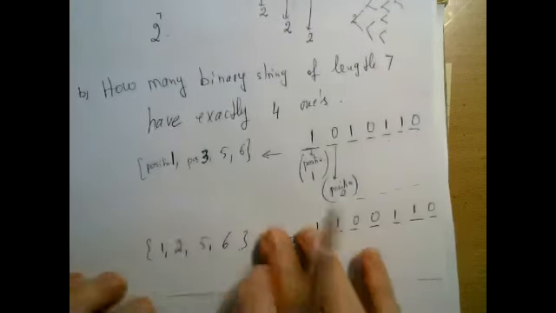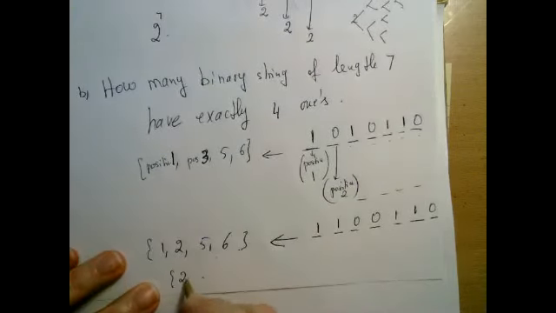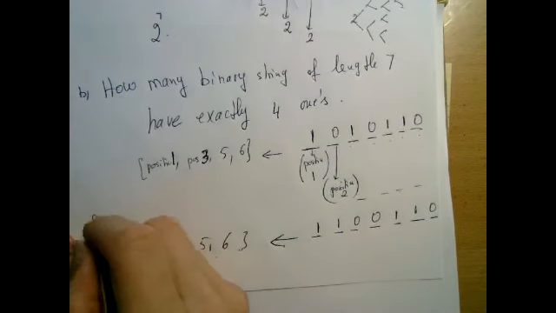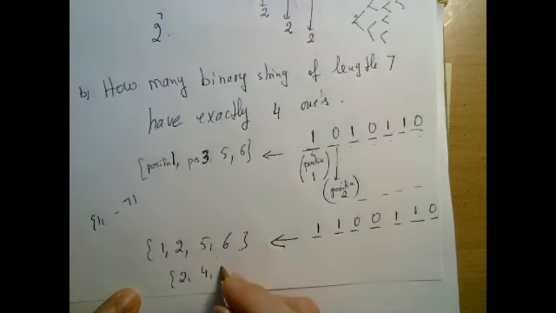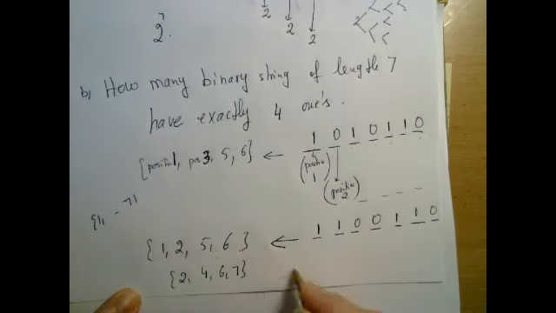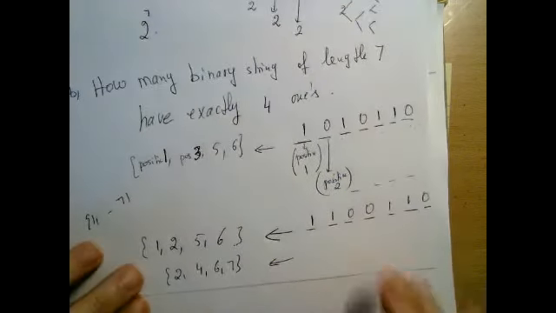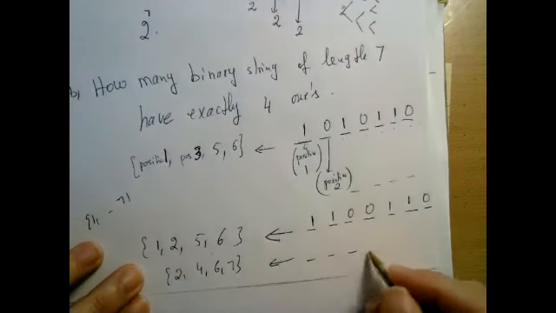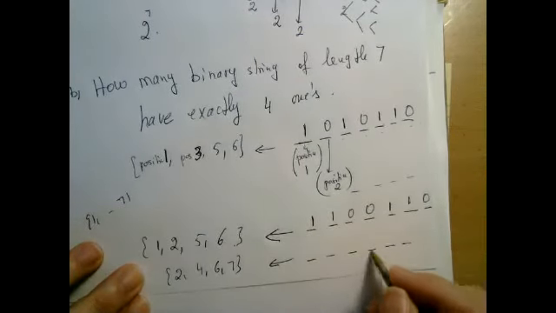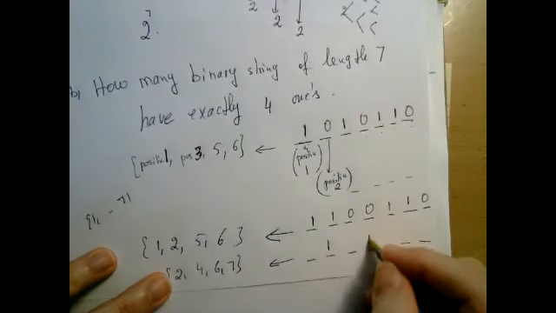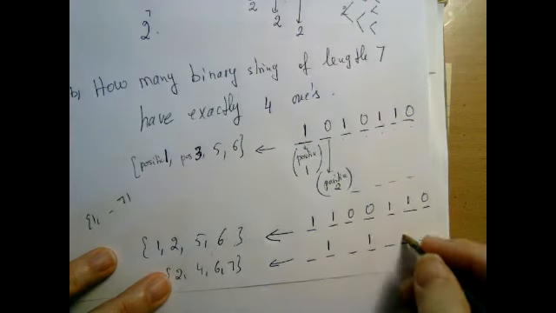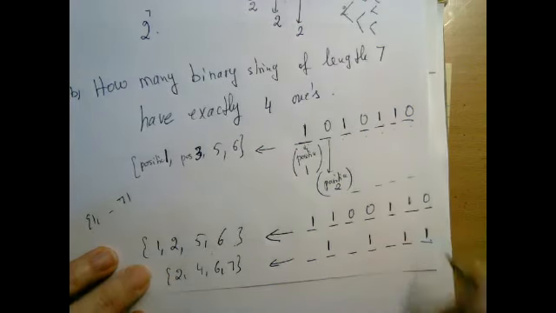So for example, suppose we have 7 positions and I take this subset: 2, 4, 6, 7. What positions do I have in mind? 1, 2, 3, 4, 5, 6, 7. I have the 2nd position, 4th position, 6th position, and 7th position.